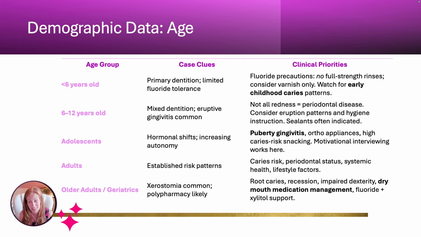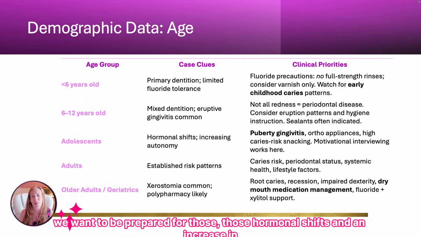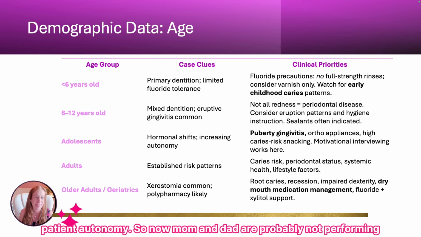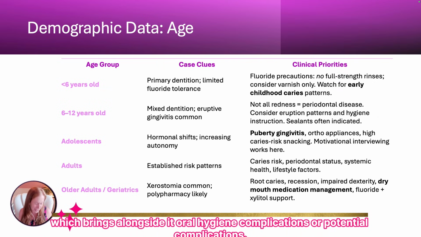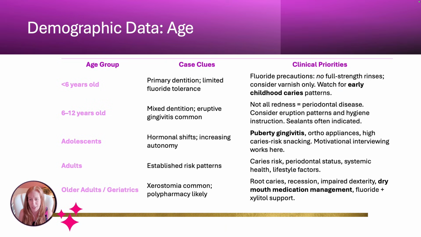In adolescence, we want to be prepared for those hormonal shifts and an increase in patient autonomy. So now mom or dad are probably not performing self-care on these patients. They're probably delivering their own home care, which brings alongside it oral hygiene complications or potential complications.